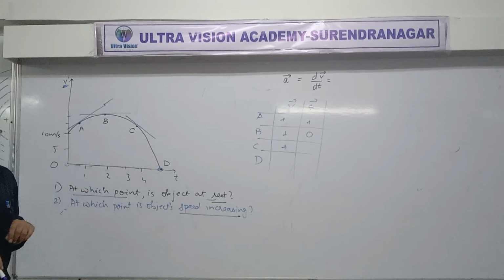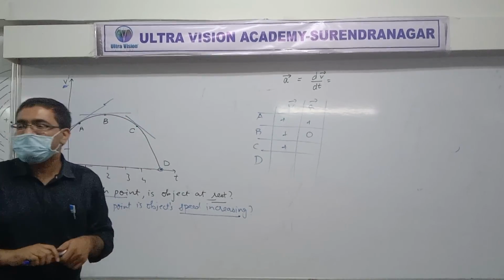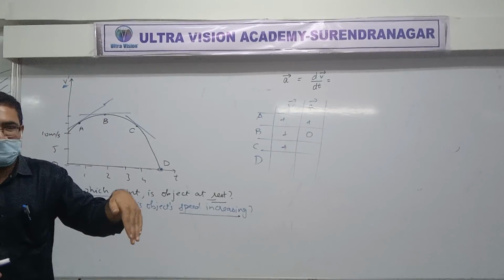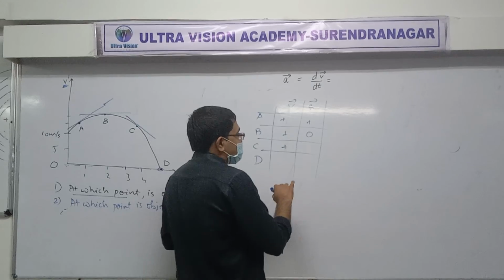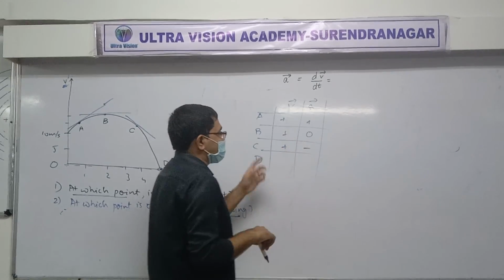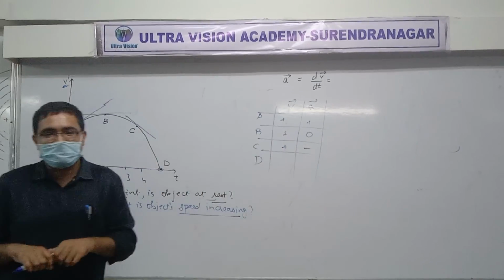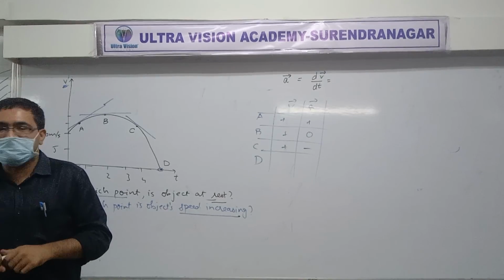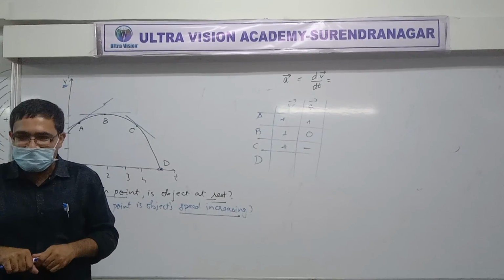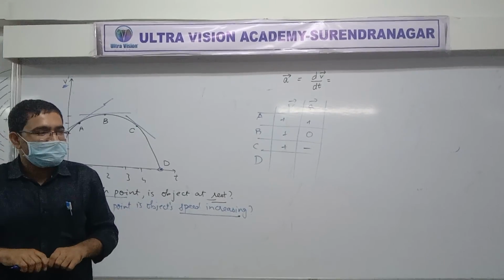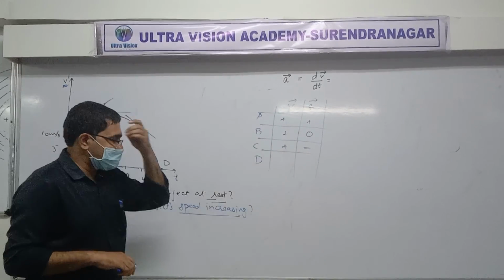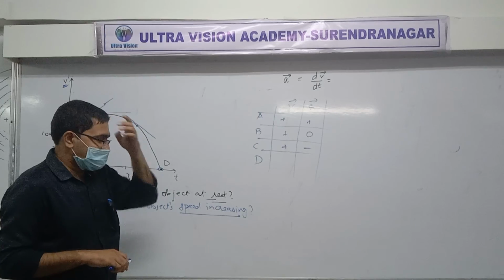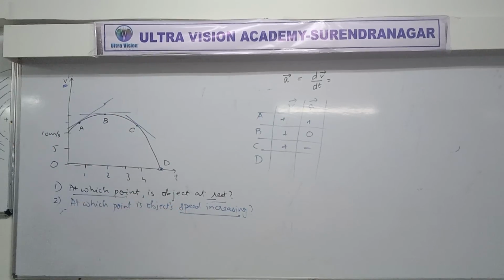Tangent slope. Negative, isn't it? Going down. Is that clear or not clear? So the tangent slope is negative. That means acceleration is negative. Now your speed, does it increase or decrease? Decrease. Why? Do you see the answer? No. The question is about increase.